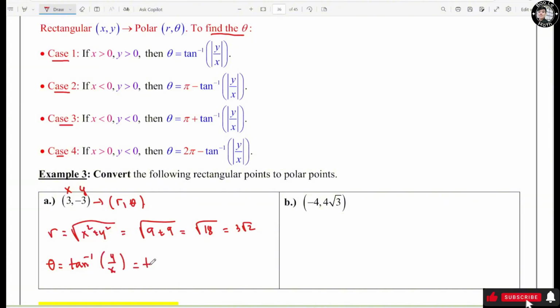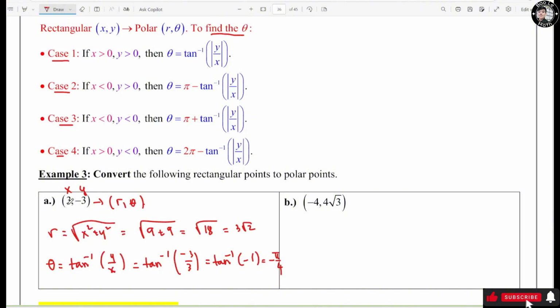So it could be inverse tangent of negative 3 over 3, so inverse tangent of negative 1, and this is negative pi over 4.